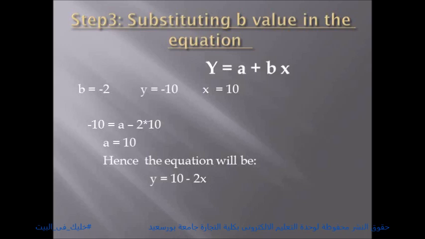We have b equals minus 2, y equals minus 10, x equals 10. So minus 10 equals a, minus 2 multiplied by 10. So a equals 10. Hence the equation will be y equals 10 minus 2x.